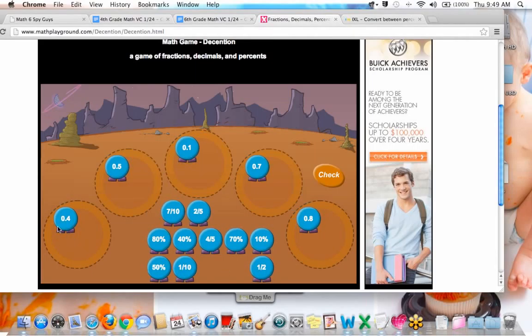Okay, so let's start here on this left end with 4/10. What would be the equivalent percentage? So remember, percentage is the one that has the percent sign. The equivalent percentage of 4/10.